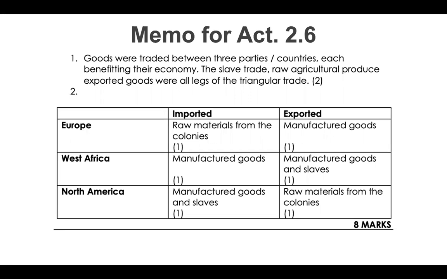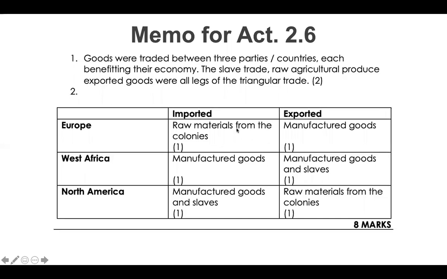Just very important for number 2, where you had to copy down the table. You'll see I simplified it very much for you. What I do want you to notice is the following: even though it was triangular trade, what you give is what you get, hence the import and export, even though it's not a direct line like we learned in previous years as well.